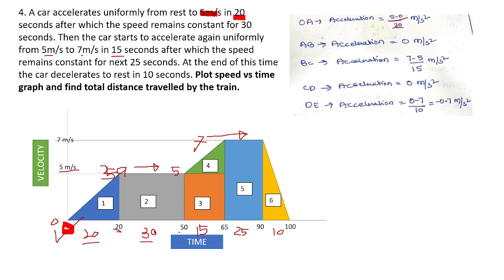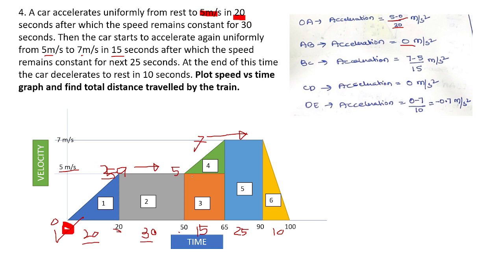So 5 over 20 is the acceleration. Just do it with your calculator. For 20 to 50 seconds, a total time of 30 seconds, there's no acceleration, so that is 0.